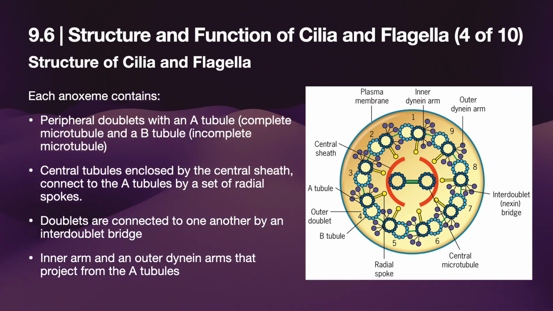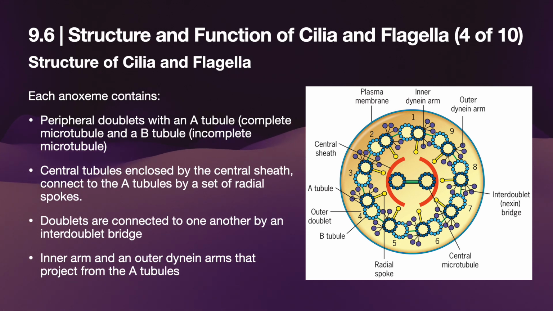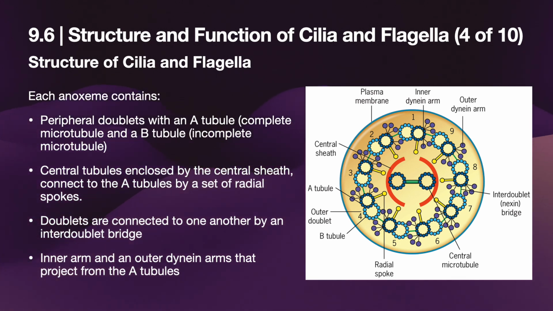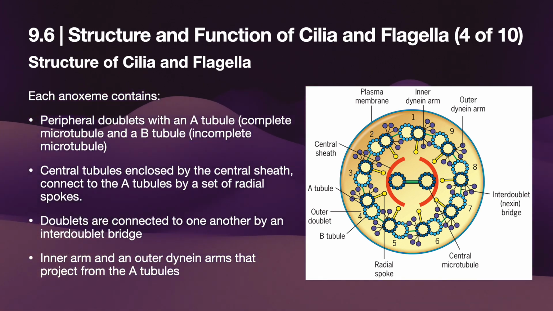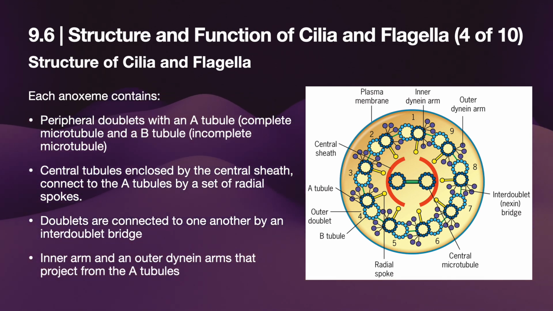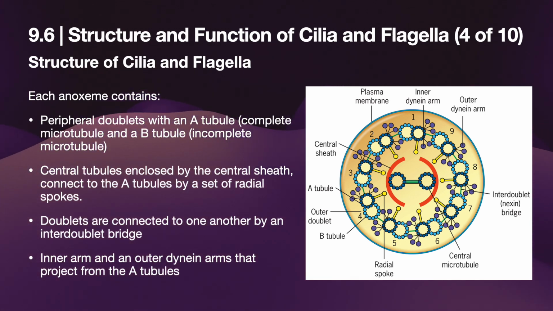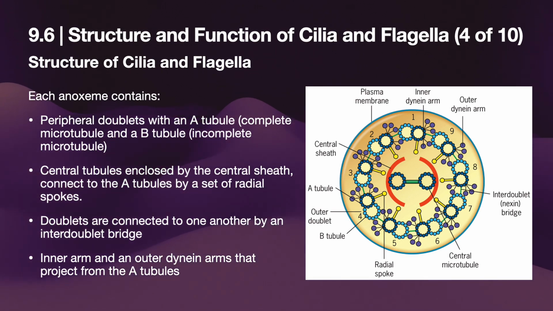Doublets are connected to one another by an interdoublet bridge, and an inner arm and outer dynein arms project from the A tubules. You'll see this figure on your right of an axoneme: the central sheath, the outer and inner doublets, the dynein arms, the radial spokes, the interdoublet or nexin bridges, and what we call the central microtubules.